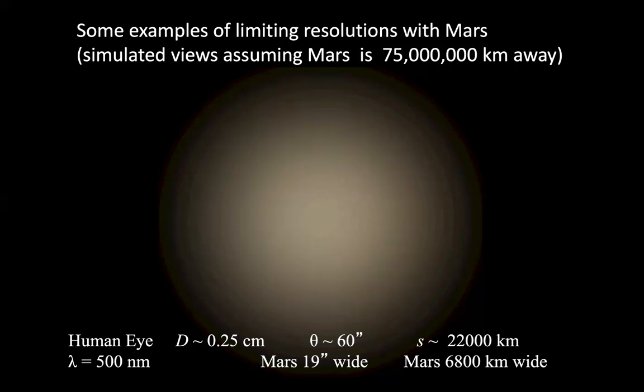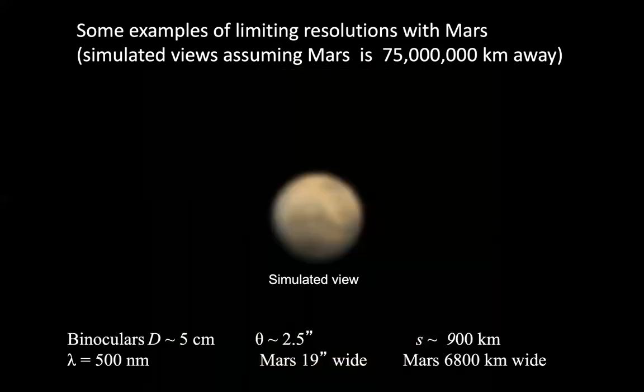That improves your resolution dramatically. Through binoculars, you could see something roughly like this. You could start to resolve structures about 900 kilometers across. Now, it's still blurry, but you're beginning to be able to see dark patches and bright patches.